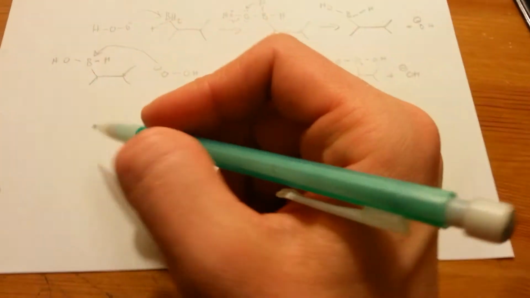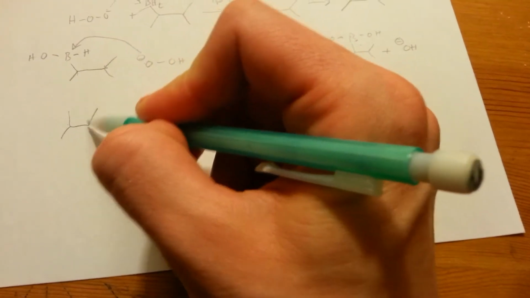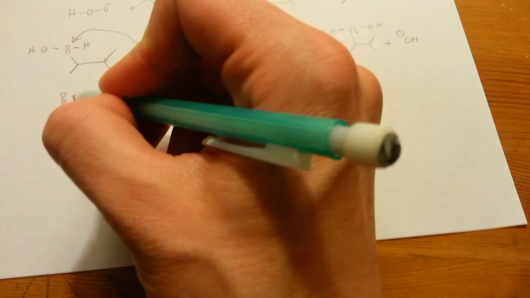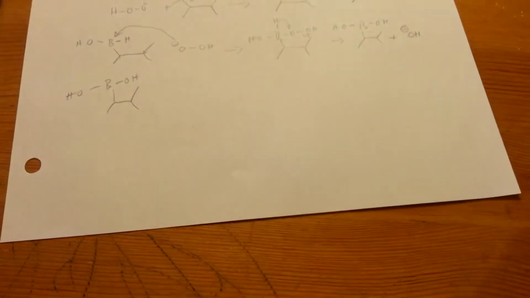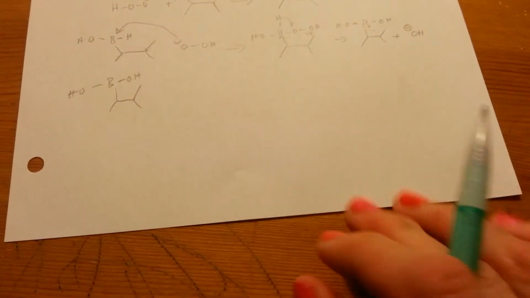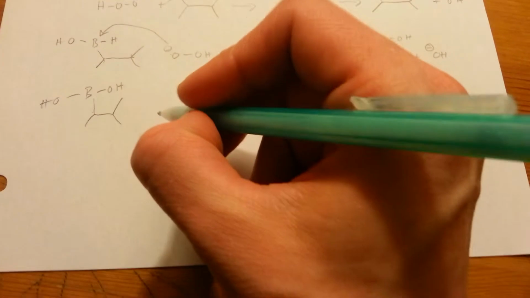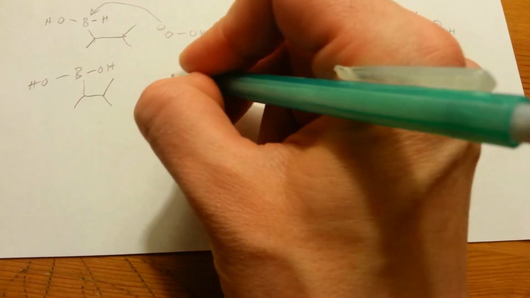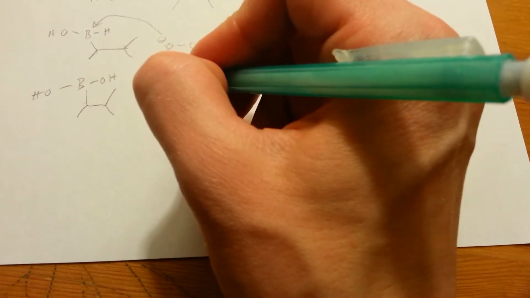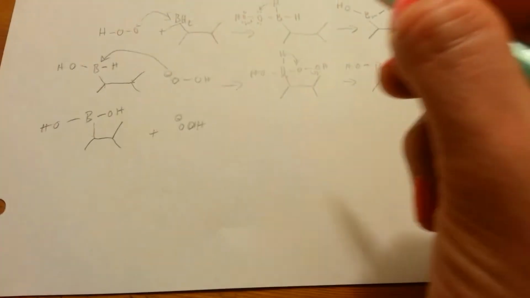All right. Take this intermediate and you're going to do kind of the same thing again. Leave your R group, OH on this side, OH on this side. Sorry, you're going to add an OH negative.